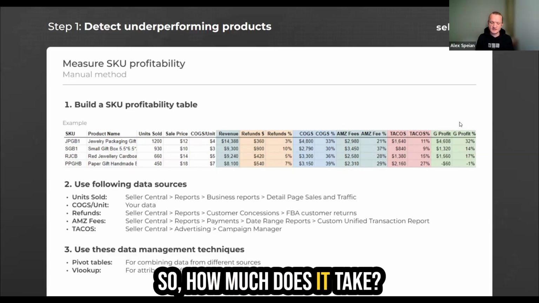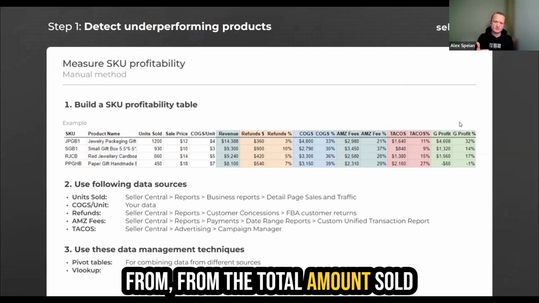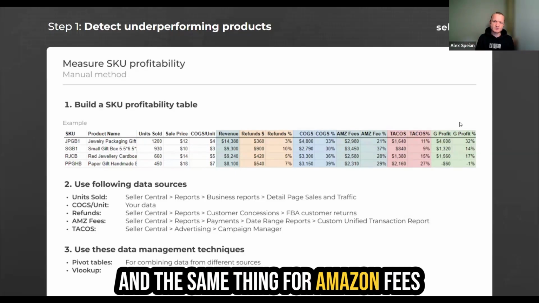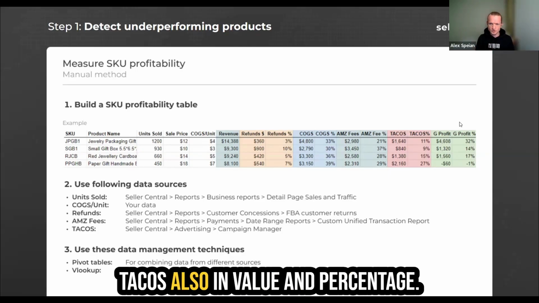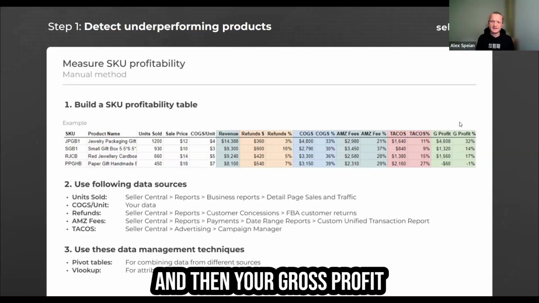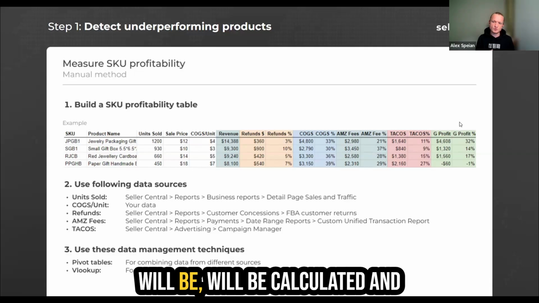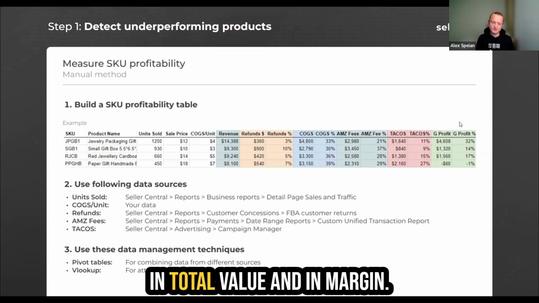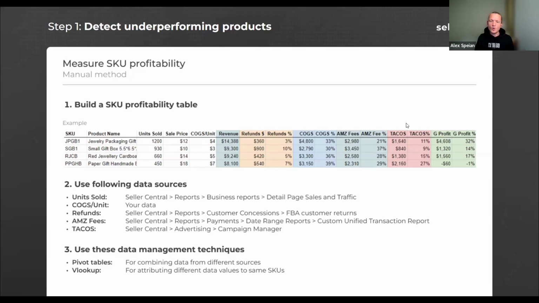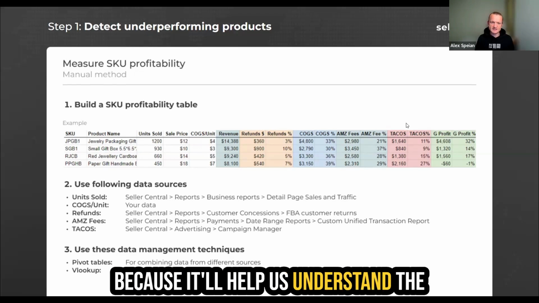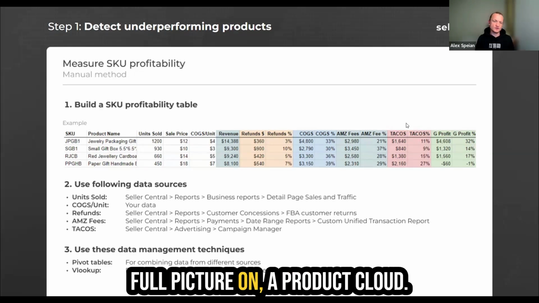So how much does it take from the total amount sold? And the same thing for Amazon fees in value and in percentage, and for TACoS, also in value and percentage. And then your gross profit will be calculated in total value and in margin. So basically all of these columns right here, because it will help us understand the full picture on a product level.